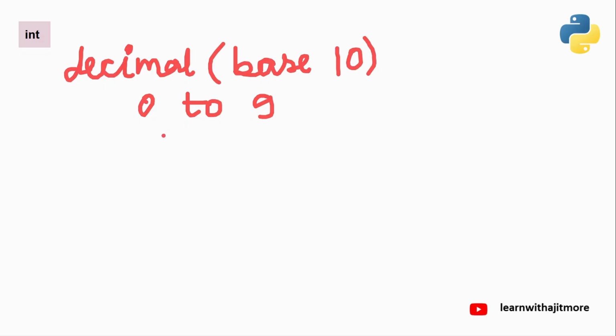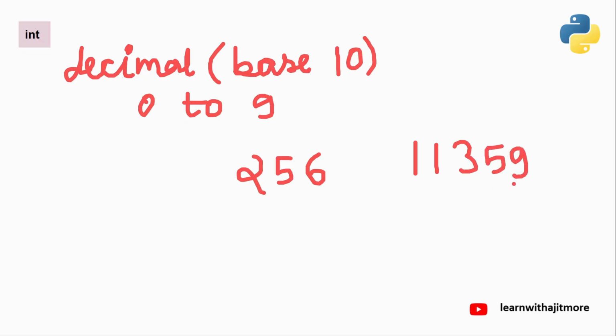Getting? When I write 256, it is a combination of digits from 0 to 9. 0 is a digit, 1 is a digit, 9 is a digit. Using those 10 digits, you create different combinations like 1, 1, 3, 5, 9, which we call 11,359, or 256.